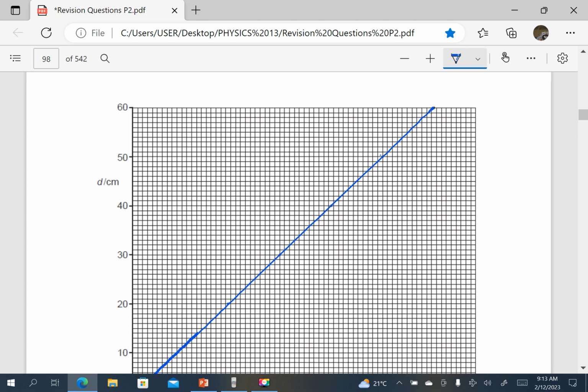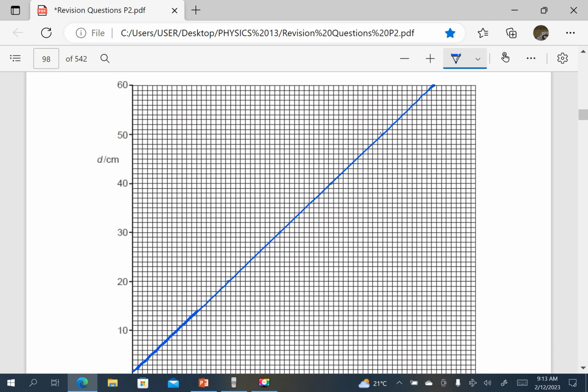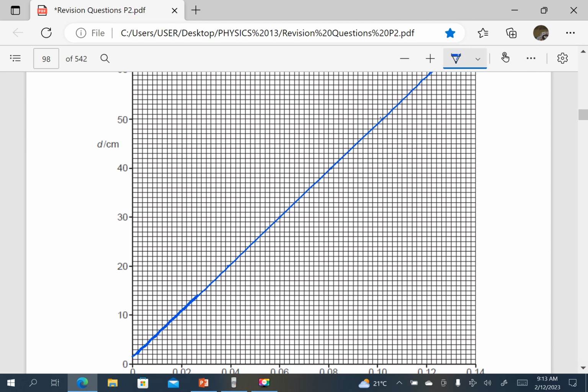Yeah, I'm trying my level best to draw a better line so that I have better results, but it's not very easy.